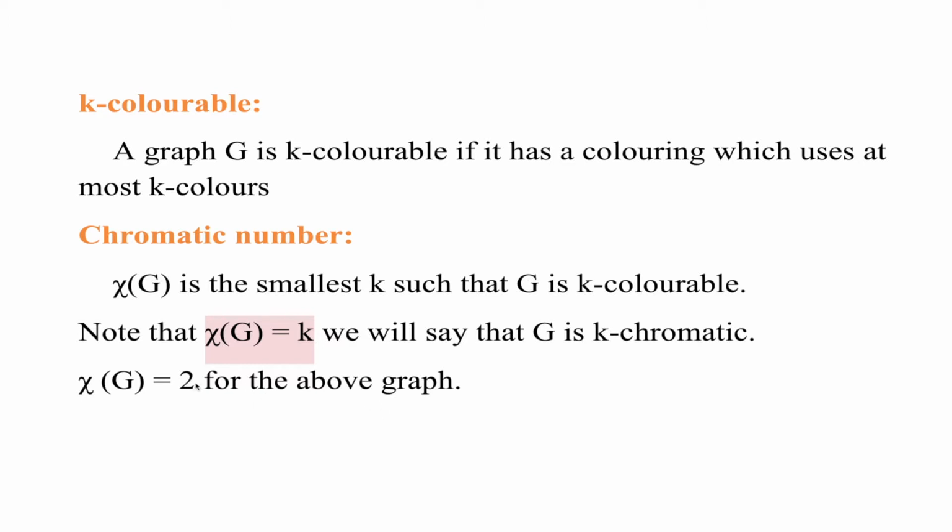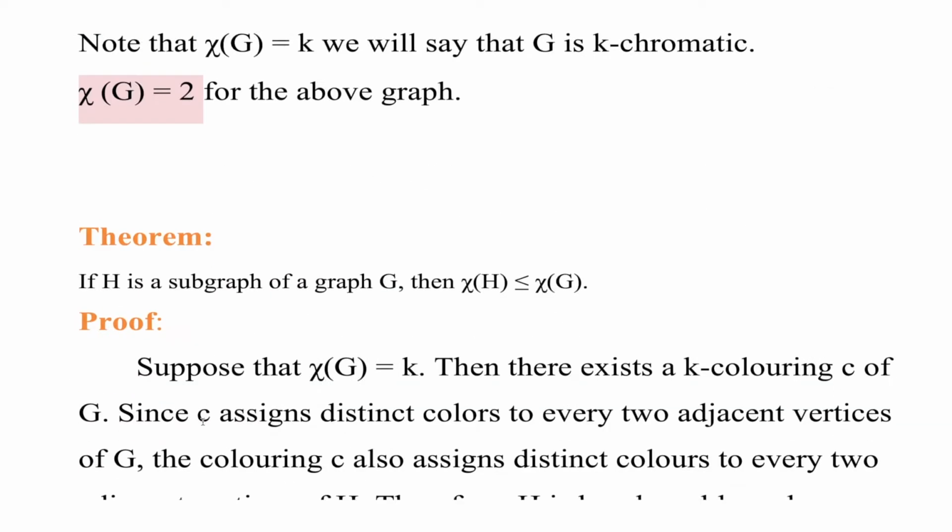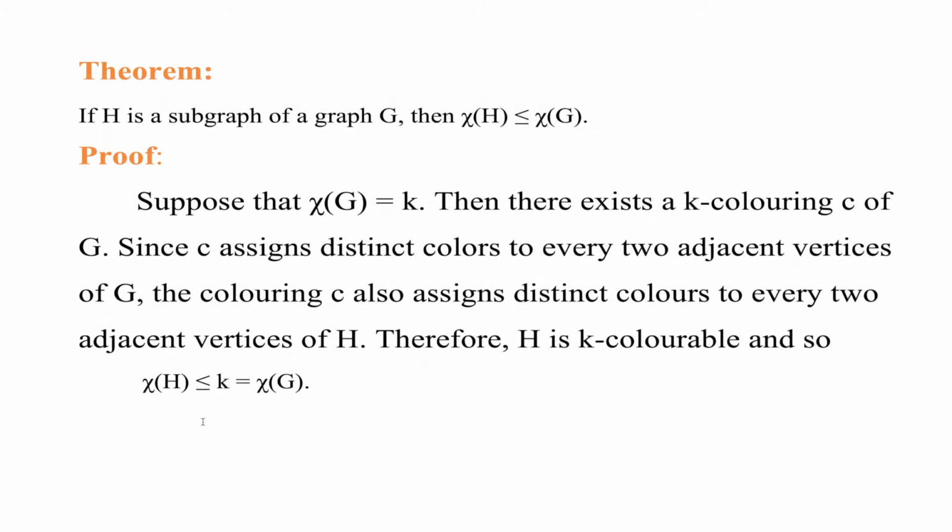Let us see the theorem now. If H is a subgraph of a graph G, then chromatic number of H is less than or equal to chromatic number of G. We shall see the proof now.